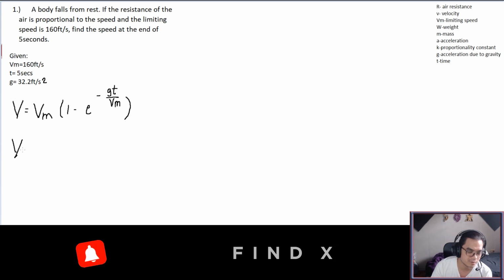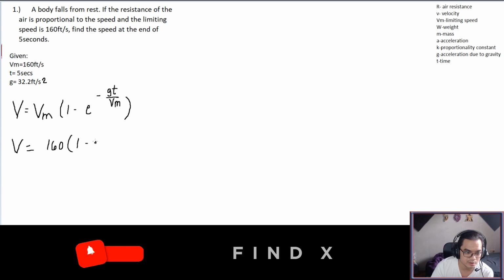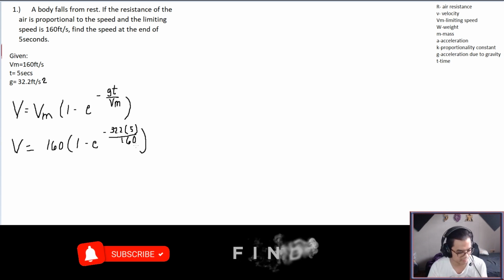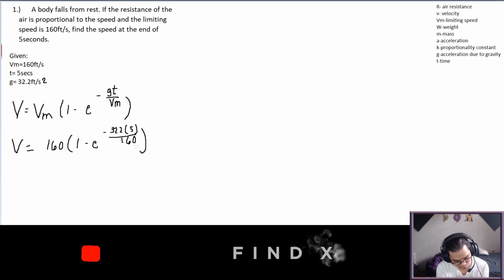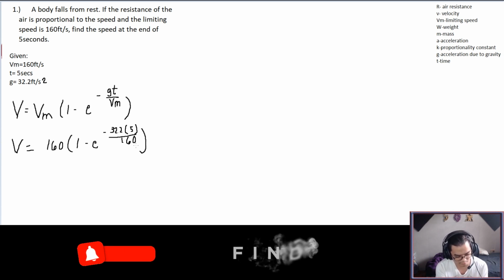So v must be equal to vm, which is 160, times 1 minus e raised to negative 32.2 times t, which is 5, and then all over 160. So let's try this in the calculator.